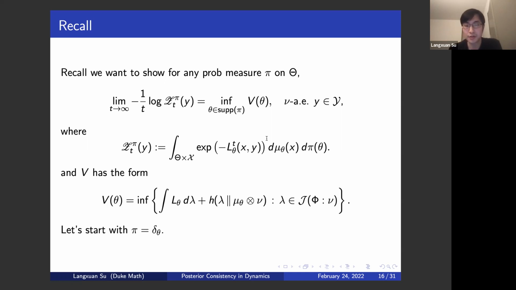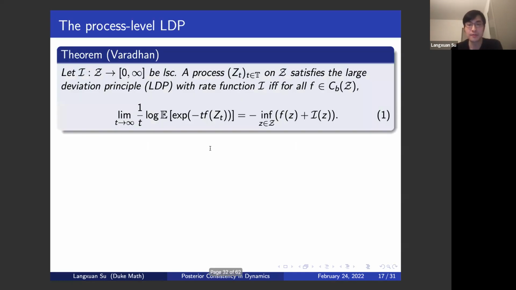And then in the partition function, we can get rid of the integration over pi, because when pi is the Dirac delta, we only have the things inside with the single theta. So in that case, we can see a connection with the large deviation principle by the classical Varadhan's lemma.